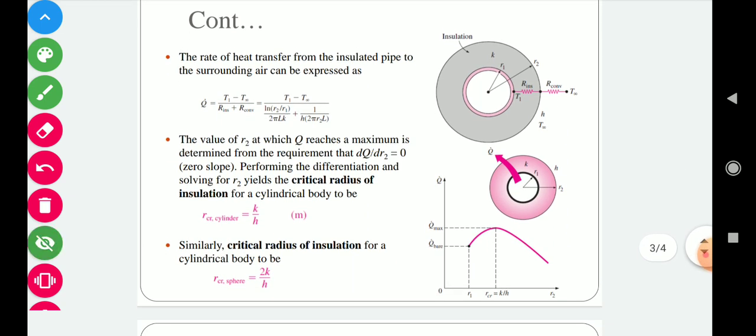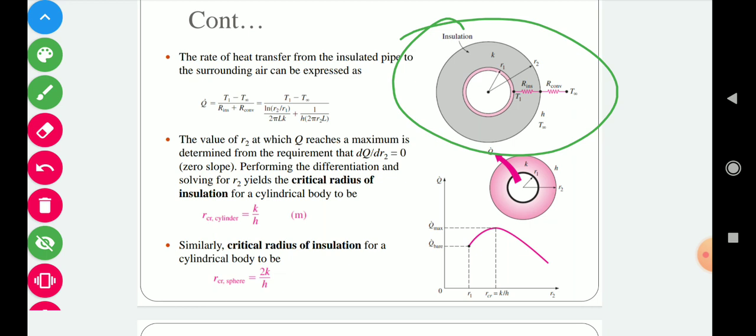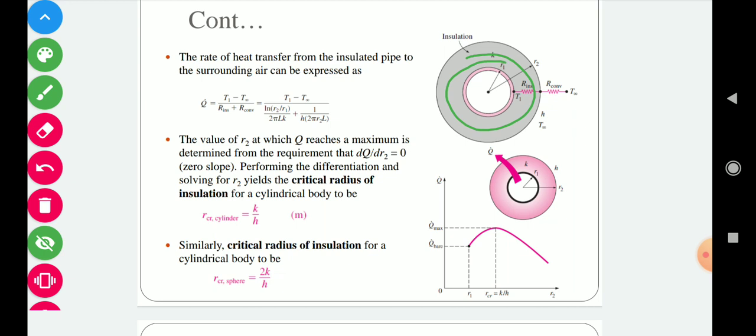So let us consider a case of cylinder, and in this diagram you can see this is a cylinder which is in pink color, and this brown color circle indicates the insulation. So R1 is the original radius, and R2 is the radius of the cylinder after applying insulation.